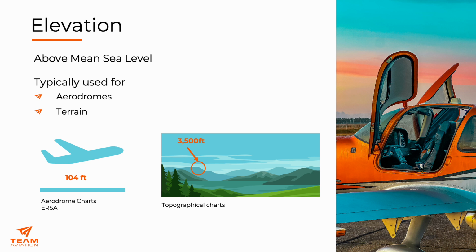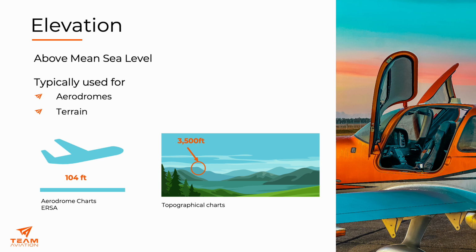And this information is crucial for navigation and obstacle clearance. For example, if a peak is marked at 3,500 feet, pilots must ensure they fly at a safe altitude above it. Terrain elevation is commonly found on topographical charts.